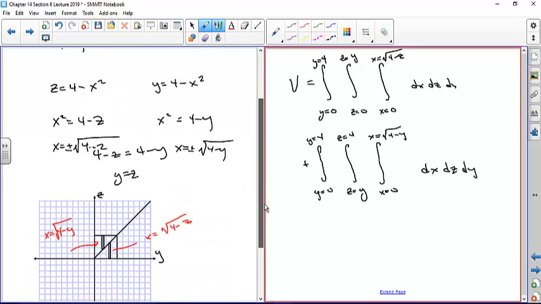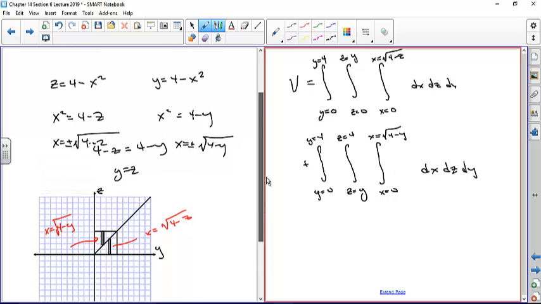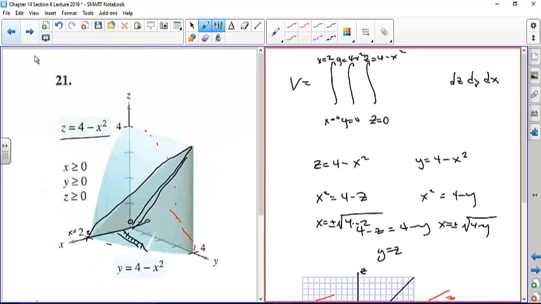So let me know on Tuesday if you understood what I did there. If I wanted to, is there another direction where it might work? Yeah, I think it would be just as easy if I did the XZ plane, and then integrate.